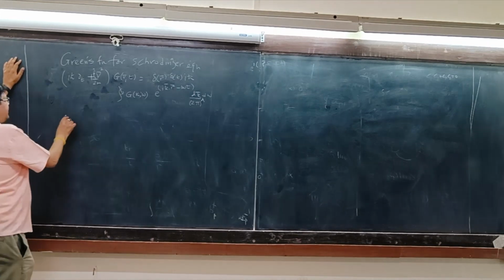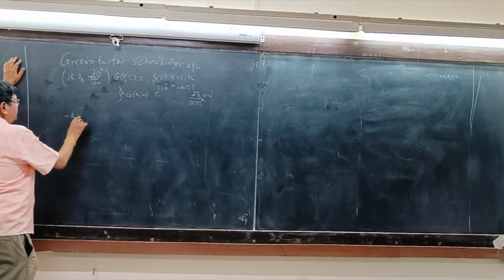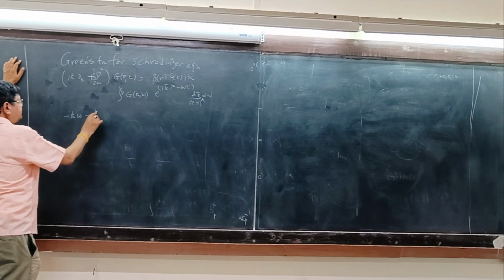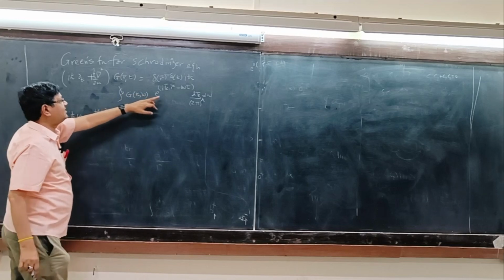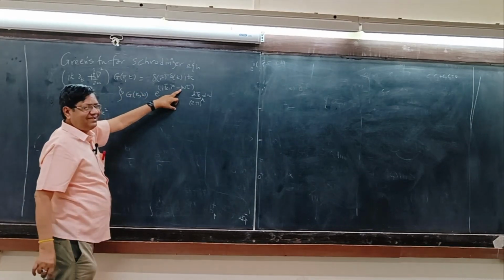If I substitute that, I'll get minus i h bar omega minus h bar squared k squared. So sorry, minus minus becomes plus.